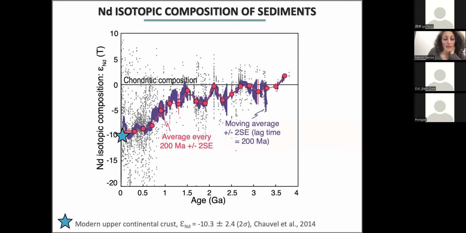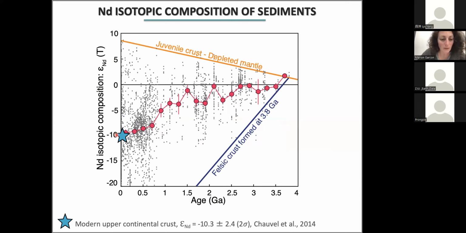You can see that the mean isotopic composition has changed through time. It has become less and less radiogenic. And this is consistent with what we think is the continental crust through time. That is to say, a mixture between juvenile crust, so new crust directly extracted from the depleted mantle, and old crust, so not necessarily something that has been formed 3.8 billion years ago, but old crust.